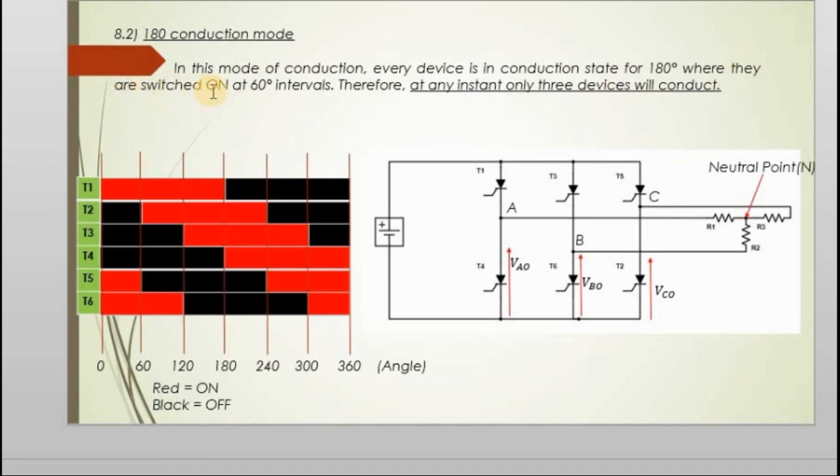They are switched on at 60 degree intervals. So first it's T1, and after 60 degrees you switch on T2, after 60 degrees T3, T4, T5, T6.